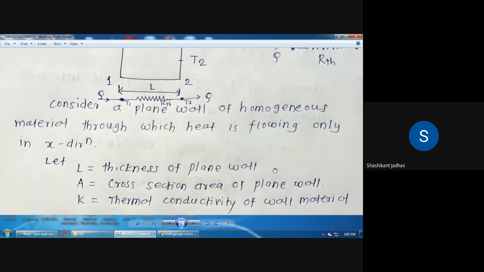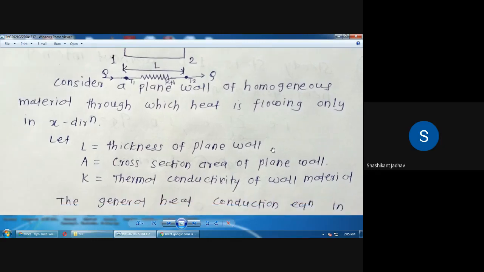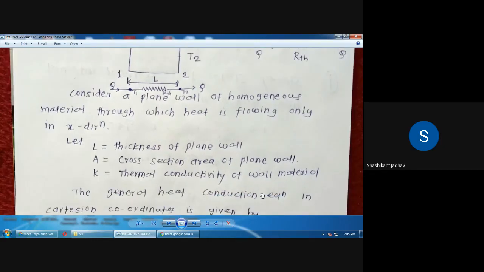Whatever the material of that wall is, for that particular material, K is nothing but the thermal conductivity of that wall material. So this parameter is given in the diagram.